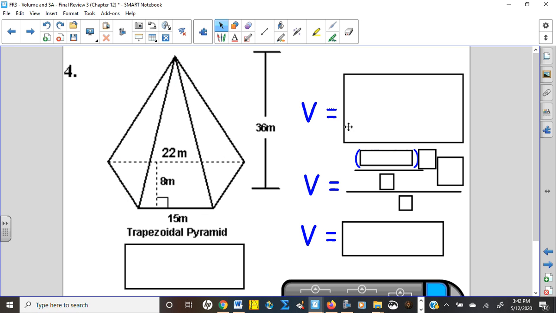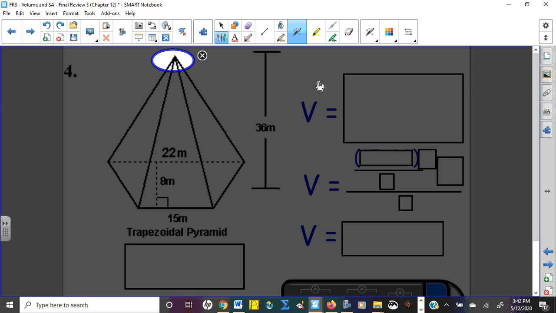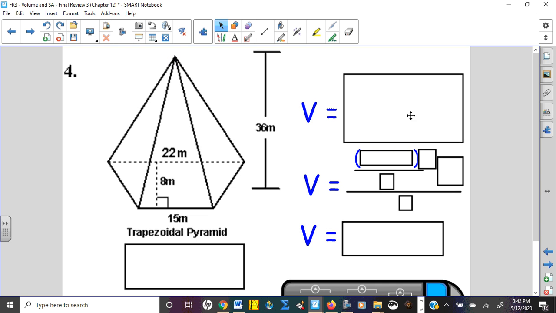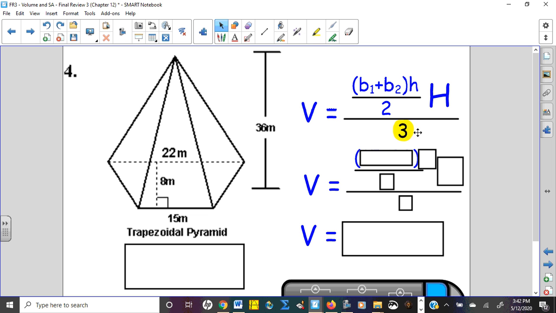So what is the volume of a pyramid? Well, the volume of a pyramid is base times height. But then because there's only one point we see, we have to remember to divide by 3. If there is only one point we see, then we must divide by 3.